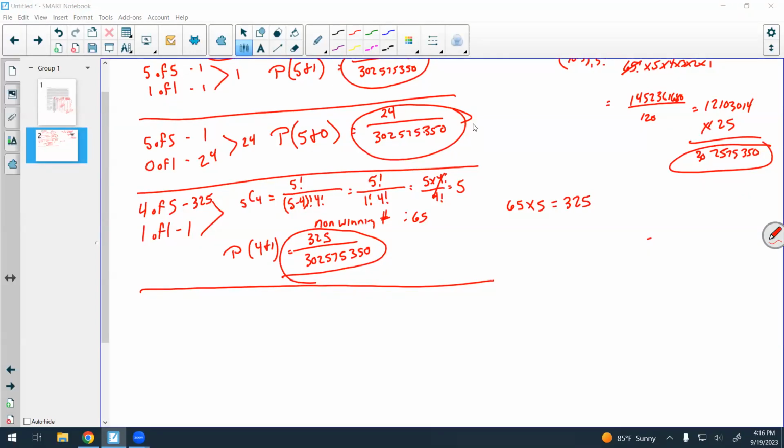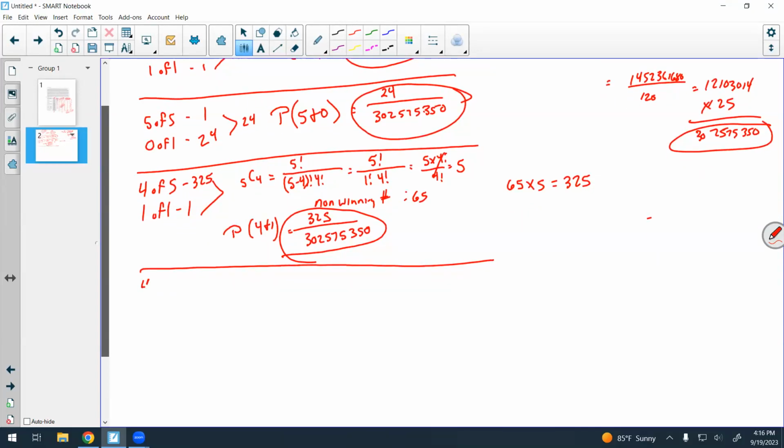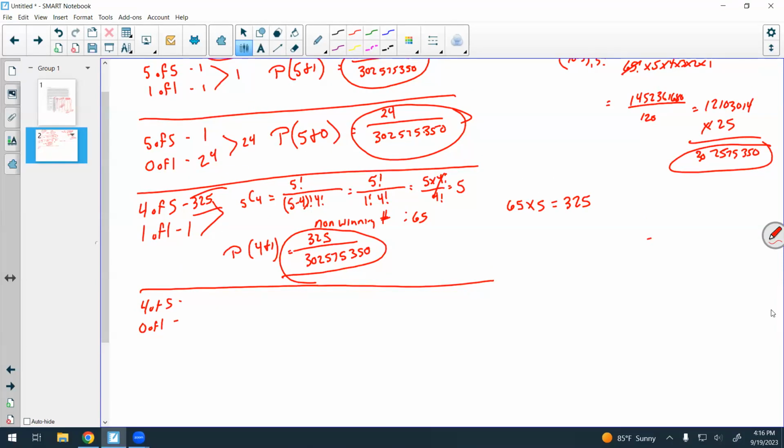So my next prize tier is 4 of 5 and 0 of 1. Well, this works out nice because we already know these. How many ways can I get 4 of 5? Right here, isn't it? How many ways can I get 0 of 1? It's right here.